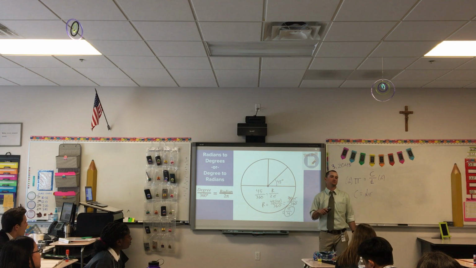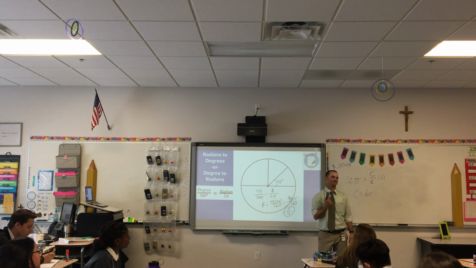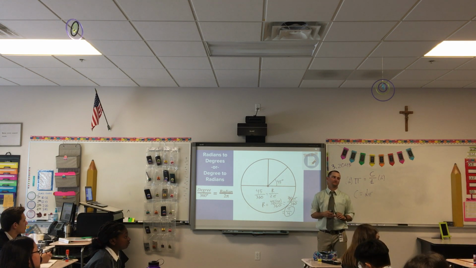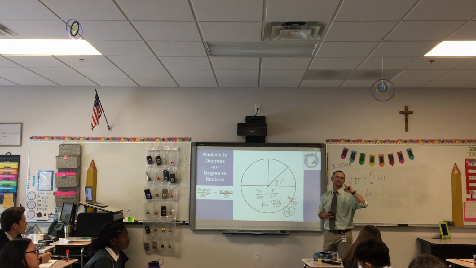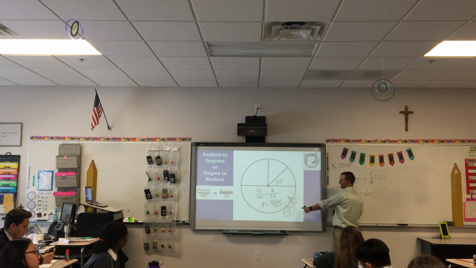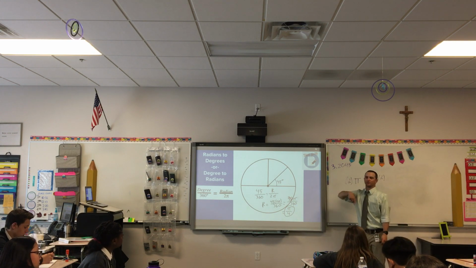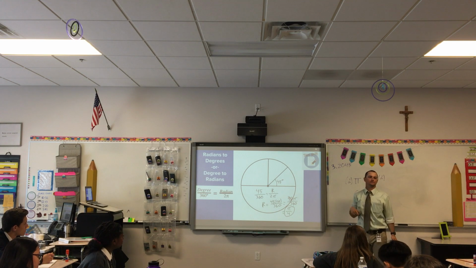Radians are a lot nicer when we start dealing with those tangent functions next year. Do you want the decimal form, or do you want that? Good question. I want this. This is our exact answer. So whenever we're dealing with radians, we want it exact.